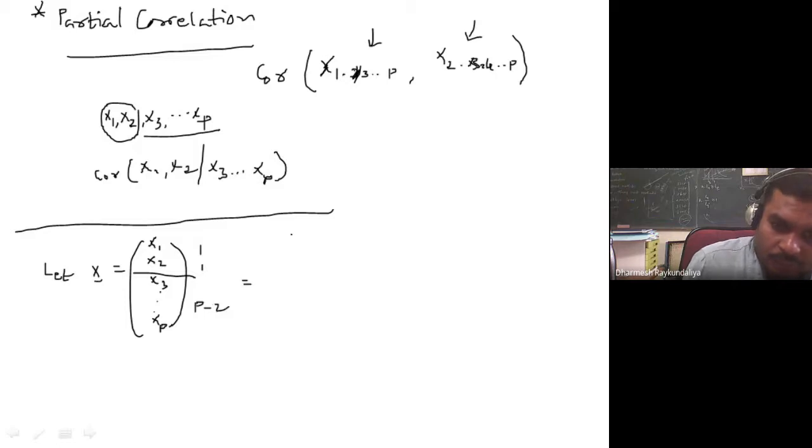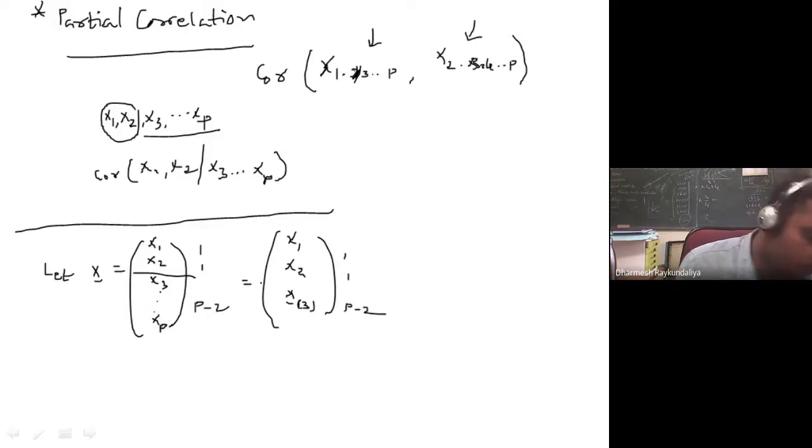So you call them x1, x2, and x3. So this is a 1, 1 and p minus 2 elements. It means that if you find out the variance, here we assume that expectation of x is 0. Okay, so there is no issue.